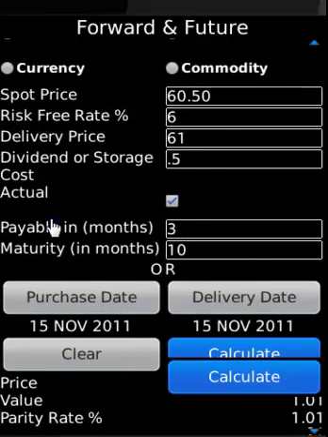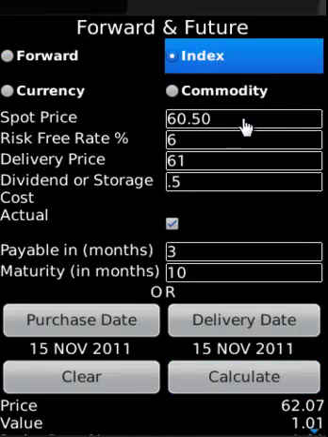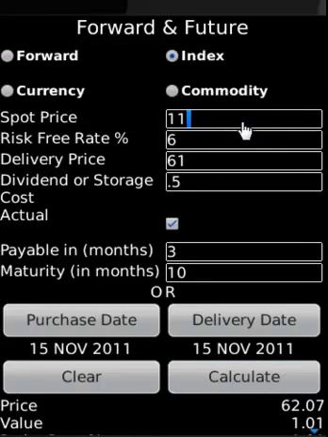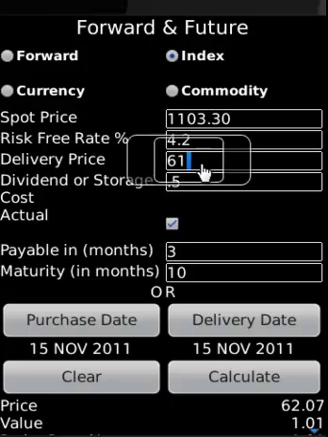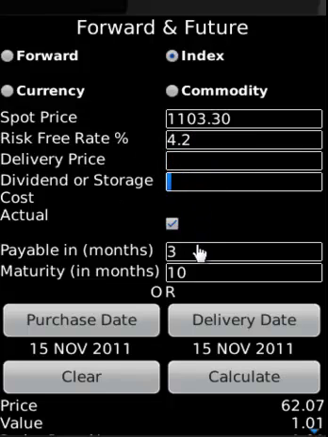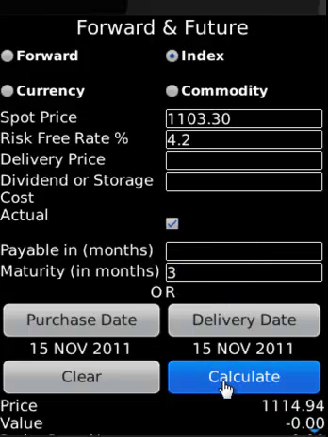Let us calculate an index. So the index is 1103.30, risk-free rate 4.2, and maturity is in 3 months. Now let us calculate. This is the forward price.